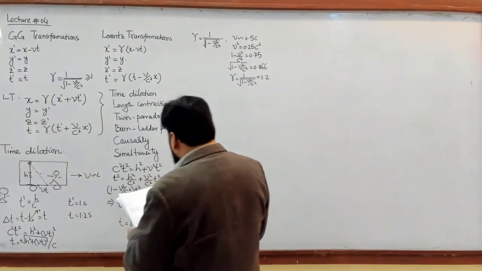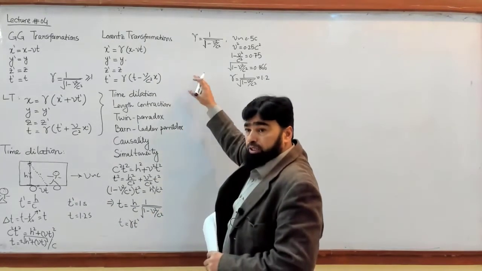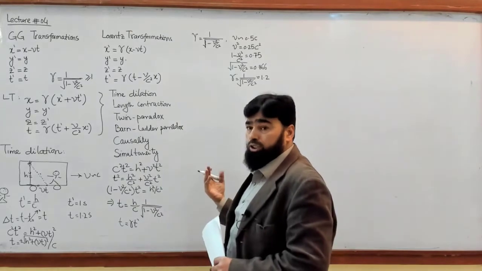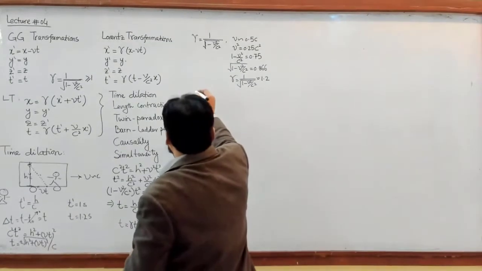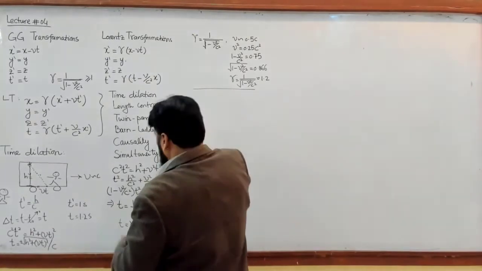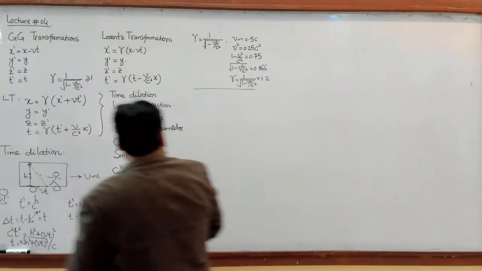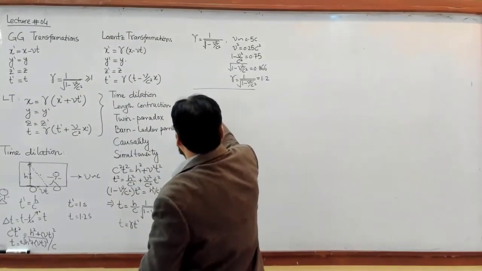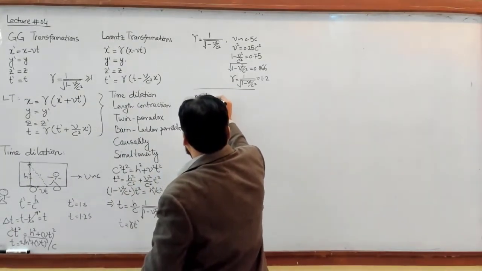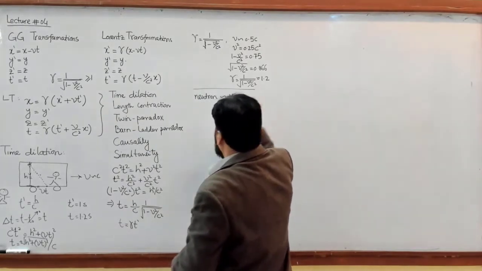If I consider the decay time, means elementary particles are mostly unstable, and if I consider the decay time of, let's say, the neutron, it is approximately 15 minutes.